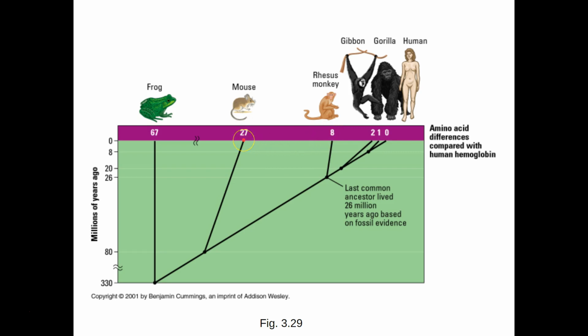When you get out to mice, they're only 27 amino acids apart, which is still really quite close. And then you consider, frogs are 67 amino acids off, which you might think is incredibly different, but it's really not all that different in the grand scheme. So it's just showing you there's this evolutionary thing that can be tracked using DNA.